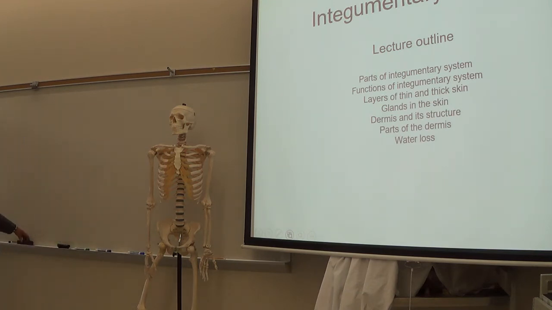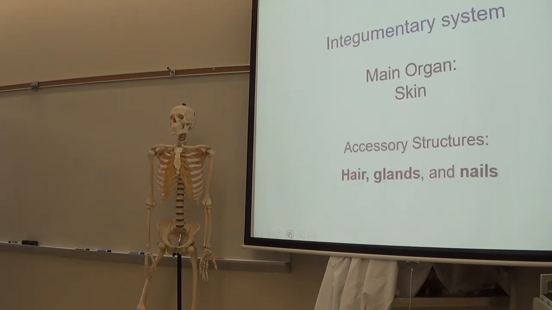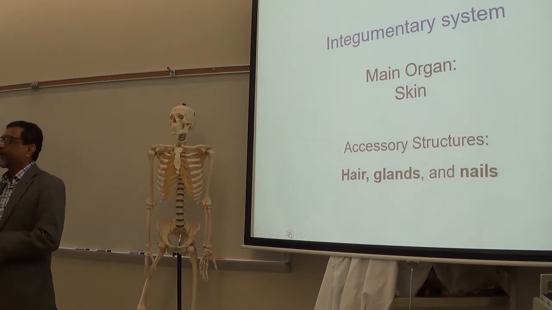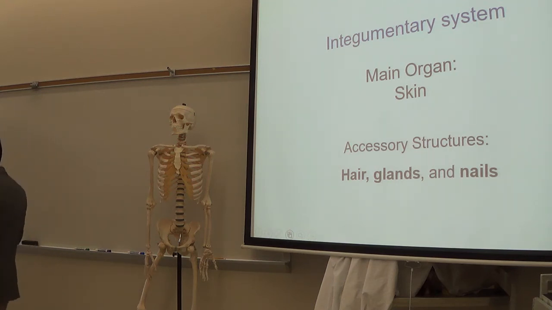One layer of the skin is epidermis, and the other layer, inner layer, is the dermis. So we'll talk about those two layers of the skin. Then we'll talk about the water loss through the skin. So the main organ or structure of the integumentary system is the skin that covers the whole body.